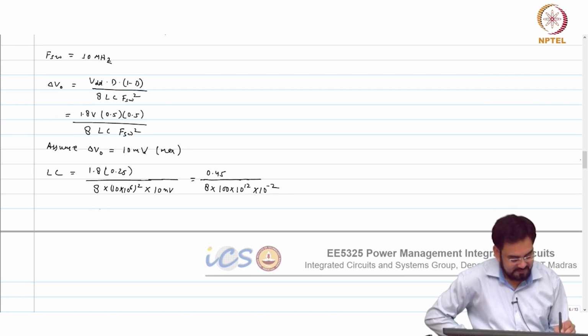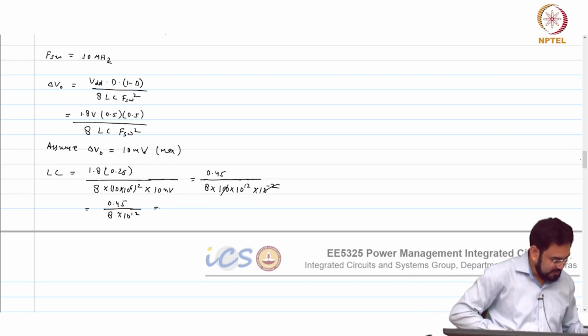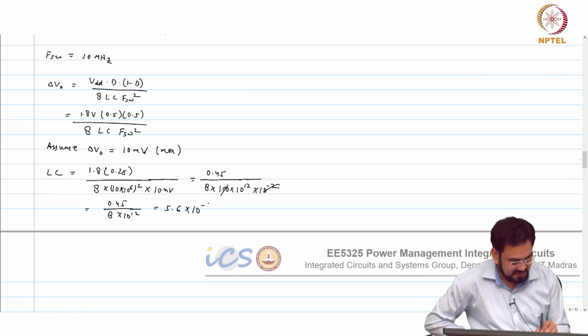Okay. So you get 0.45 over 8, so this goes away. 0.45 divided by 8. So you get 5.6 into 10 power minus 14.